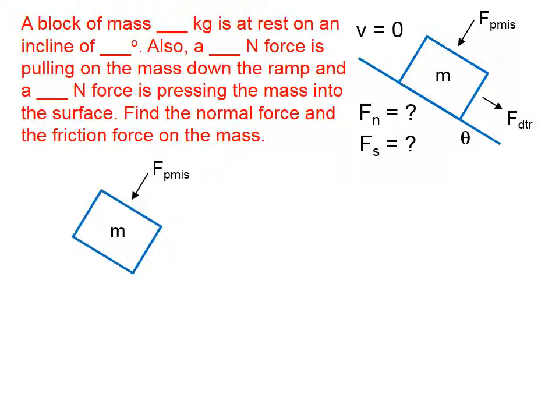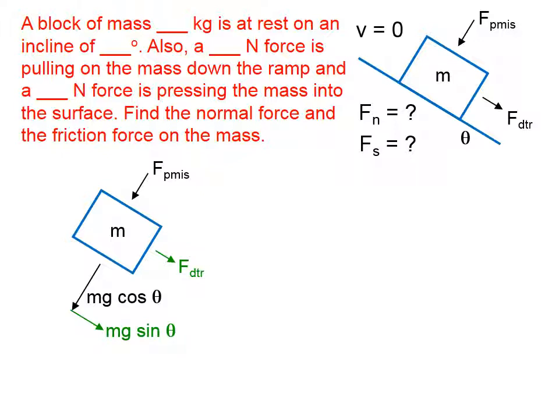There's the force pressing the mass into the surface, and there's the force down the ramp. We also have the weight, which must be resolved into a perpendicular-to-the-surface component and a parallel-to-the-surface component.